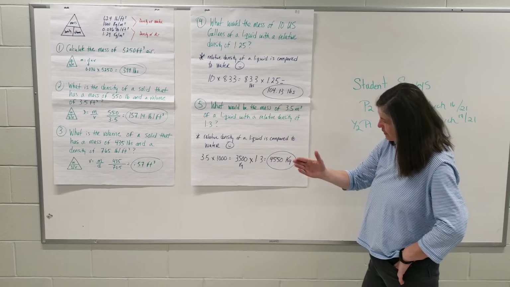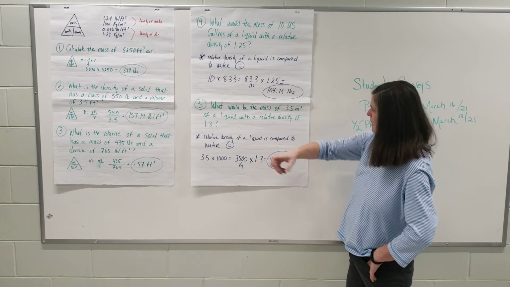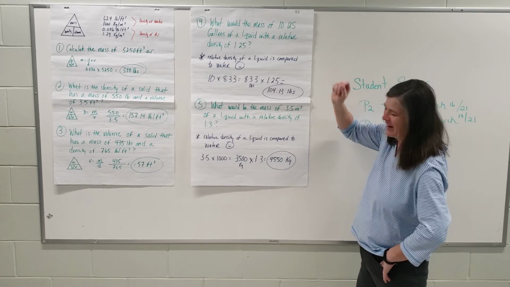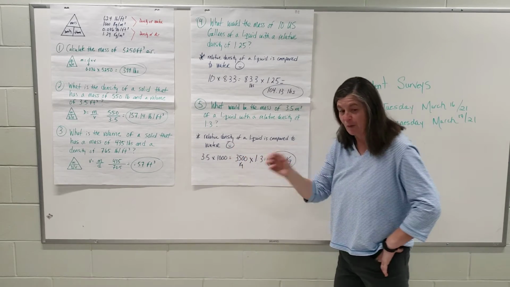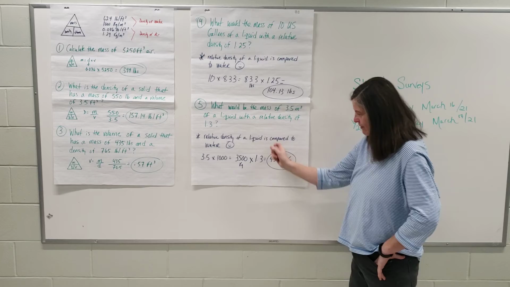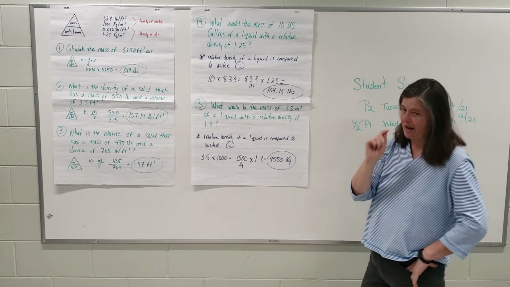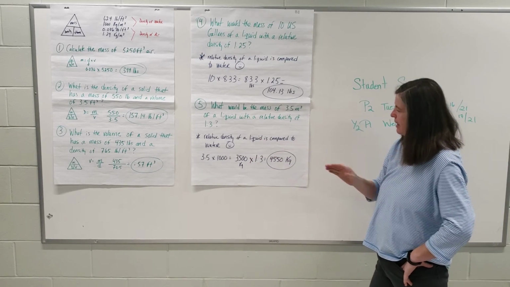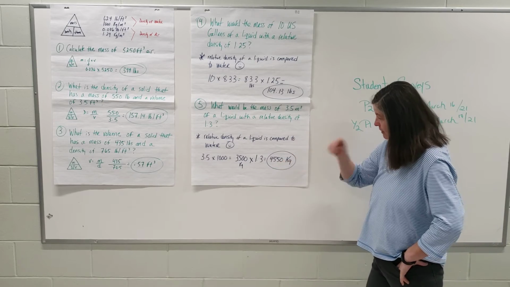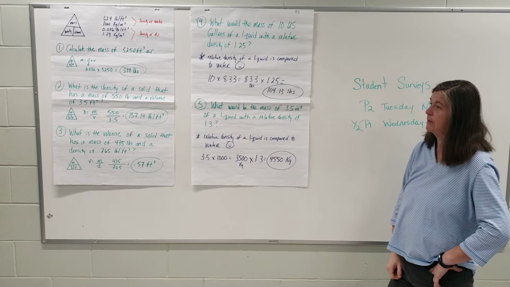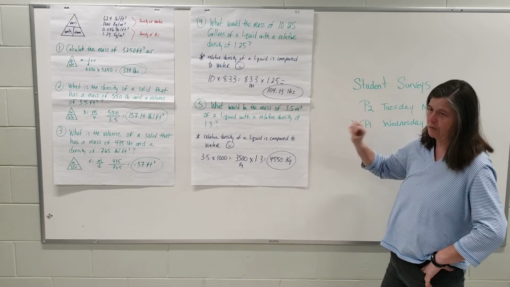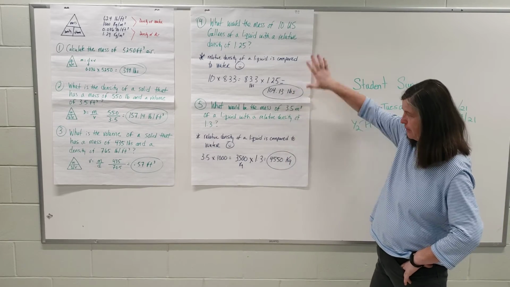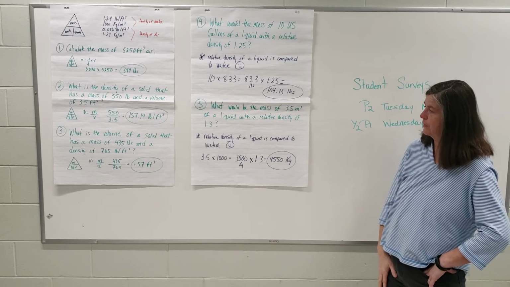So 3.5 times 1,000 is 3,500 kilograms. There's our weight in kilograms. If it were water, that's what it would weigh. Whatever this is, it's 1.3 times heavier than the water. We multiply it by 1.3, and get 4,550 kilograms. So with relative density, we're comparing either to the weight of water or to the weight of air. In these two examples, we compared to the weight of water.